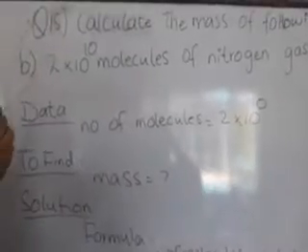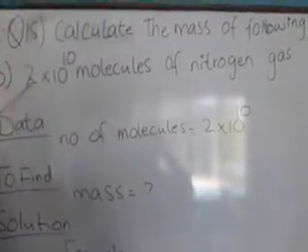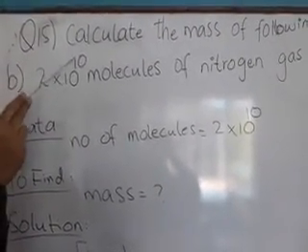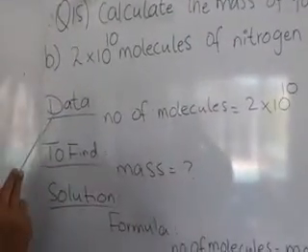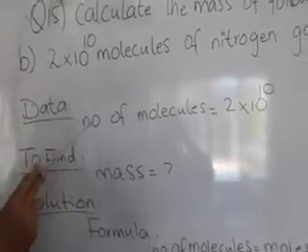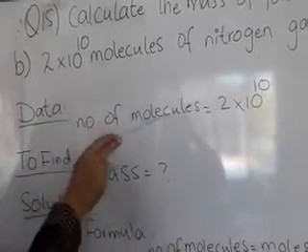Part B: calculate the mass of 2 into 10 raised to power 10 molecules of nitrogen gas. Now the data: number of molecules is 2 into 10 raised to power 10.